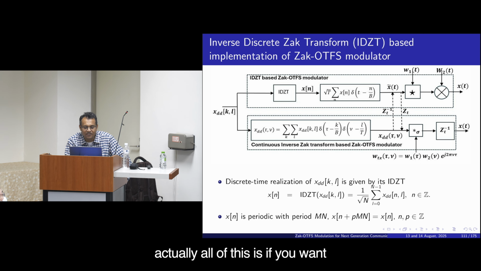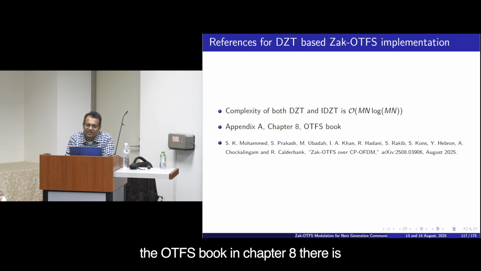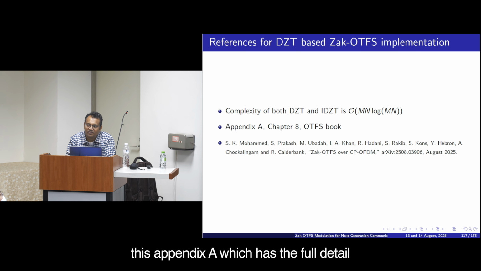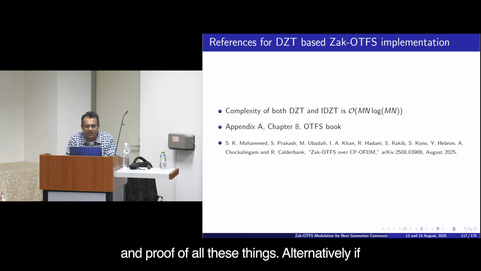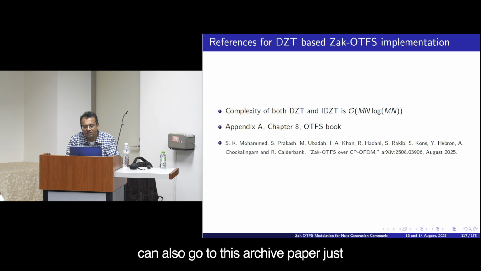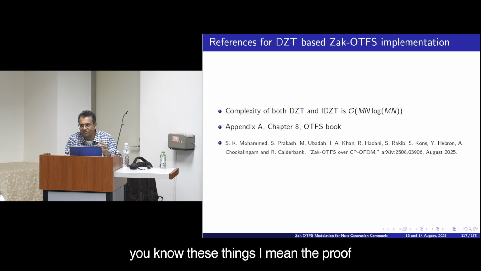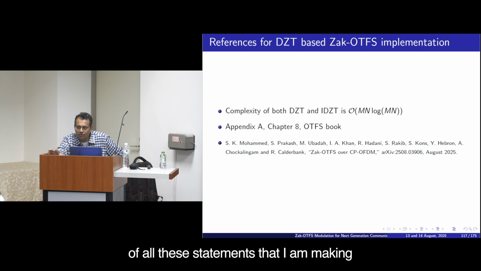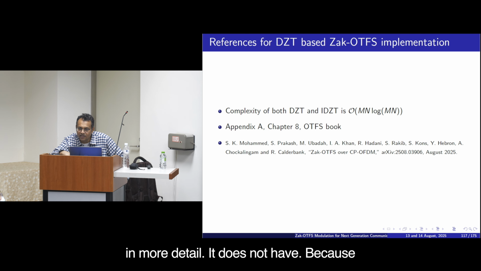If you go to the OTFS book, in chapter 8 there is this appendix A, which has the full detail and proof of all these things. Alternatively, if you do not have so much time, you can also go to this arXiv paper, just recently put on arXiv, and this also has the proof of all these statements that I am making in more detail.